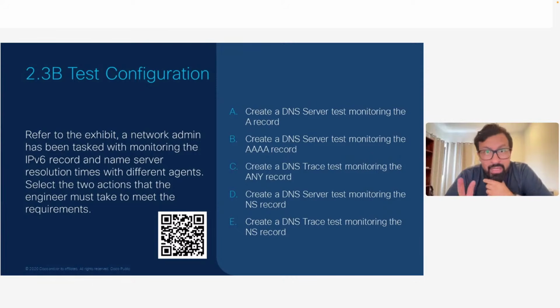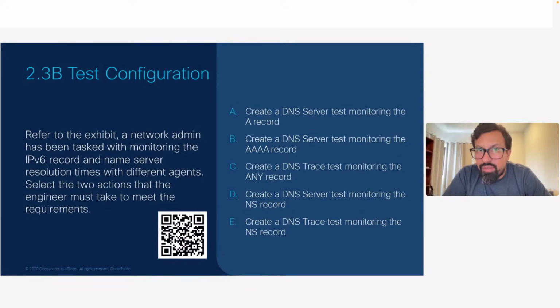Remember that we have 3 different tests for DNS. One is DNS server, the other one is DNS trace, and the other one is DNSSEC. You get different metrics from each test, and then you have different DNS records. Which one applies to IPv6 and name server? That's what we're asking here.